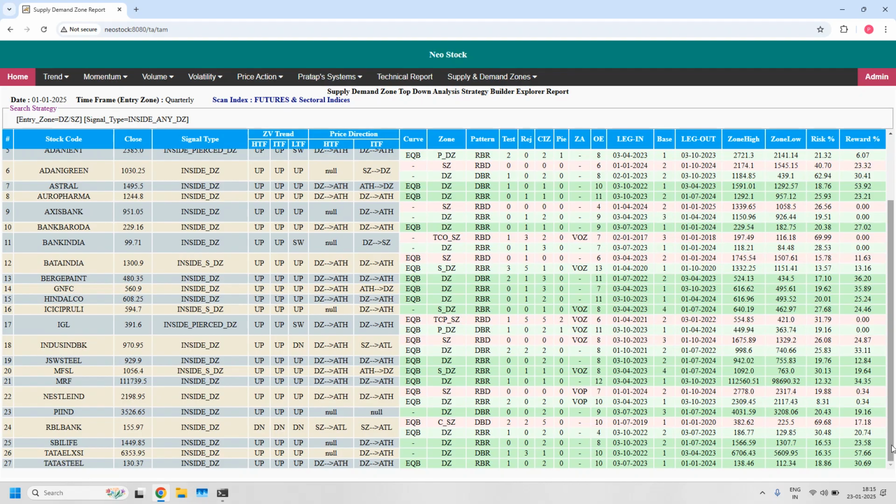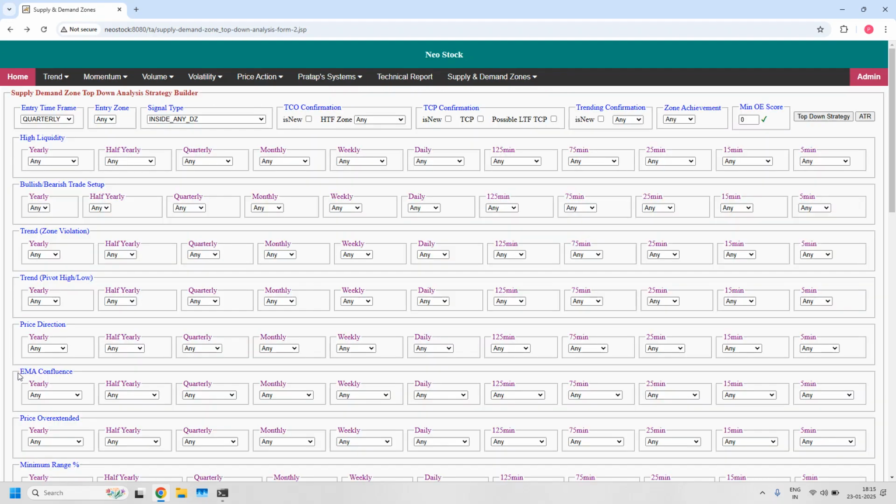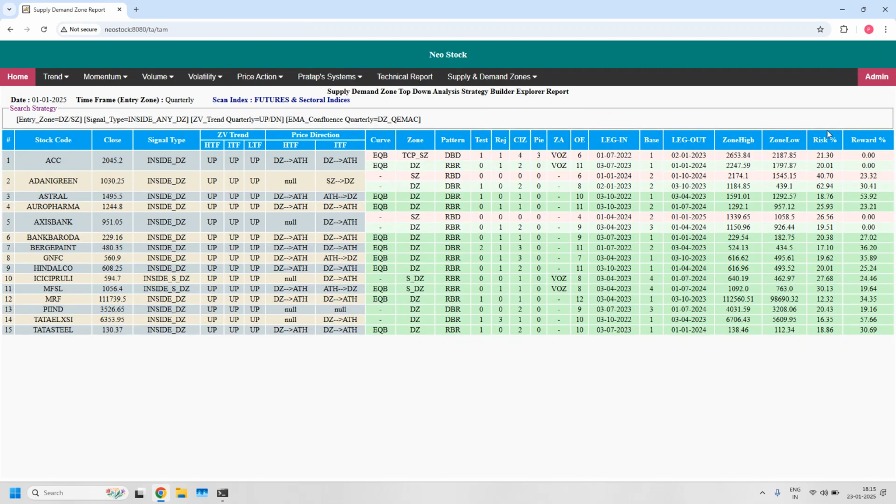We can further filter this list based on quarterly demand zone having quarterly EMA Confluence. Let's set that filter in the EMA Confluence quarterly time frame. Quarterly demand zone having quarterly EMA Confluence and trend on quarterly should be either up or down. Let's filter. See, now the list has come down to 15 from 27.